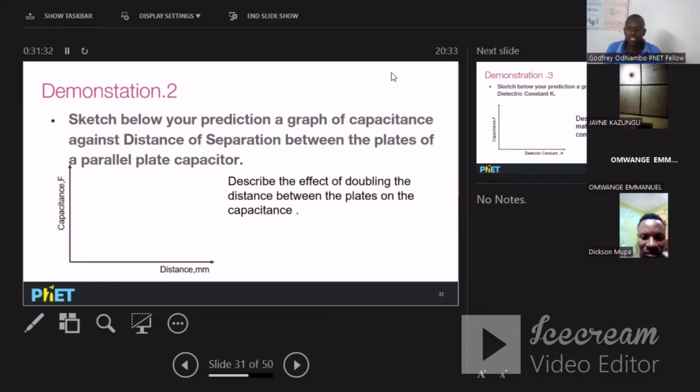Then the teacher will do the demonstration, or the students will do demonstrations in a group, and they will confirm their earlier belief. So the teacher will do a follow-up question as given in the example: describe the effect of doubling the distance between the plates on the capacitance. So this is an example of a question that the teacher will use.